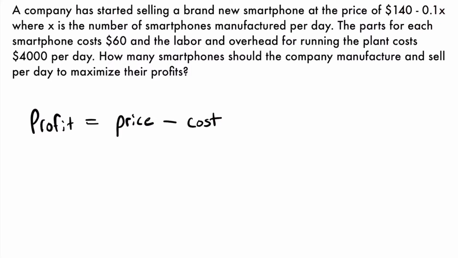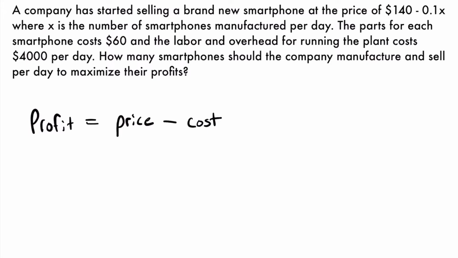And so if we're trying to figure out how many smartphones the company should manufacture and sell to maximize their profits, we need to figure out what that price would be for that number of smartphones. So this price right here, this 140 minus 0.1x, that is the price of a single smartphone.